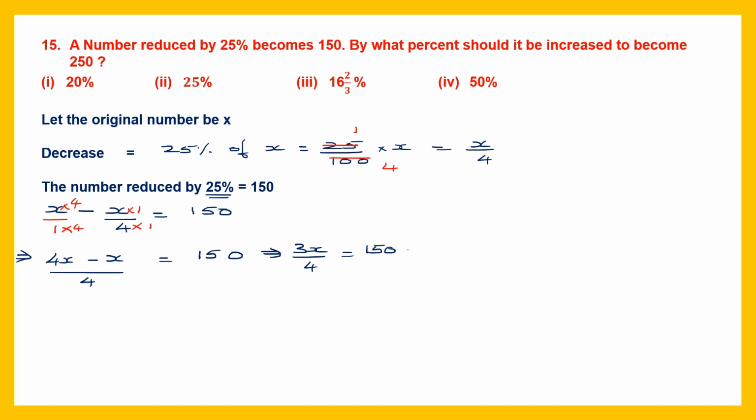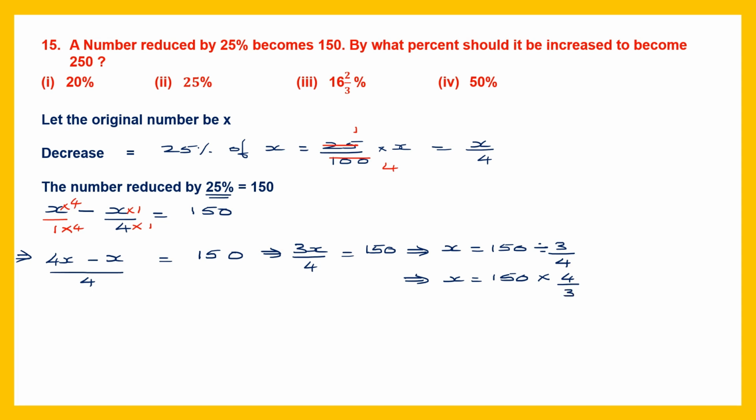Now we can solve for x. We can say x is equal to, now here we have 3 by 4, and that's multiplication. So when it goes to the other side, it becomes division. So x is equal to 150 divided by 3 by 4. So here let's simplify this. x is equal to 150 into 4 by 3.